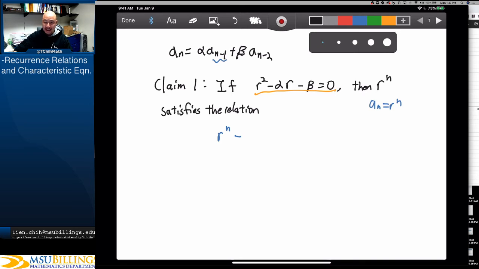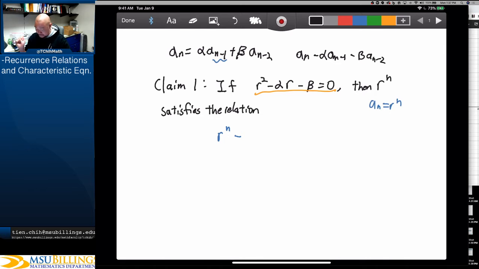Backing up for just a second, the recurrence should hold if and only if a sub n minus alpha a sub n minus 1 minus beta a sub n minus 2 is equal to 0, right? These things should be equivalent to each other.